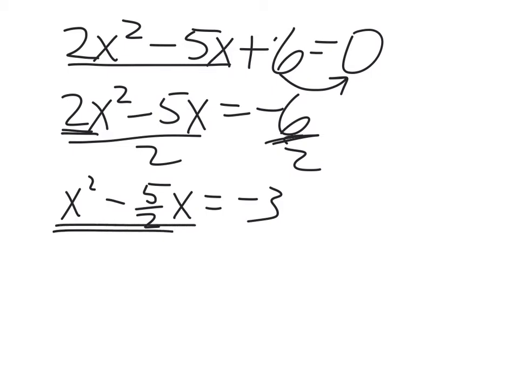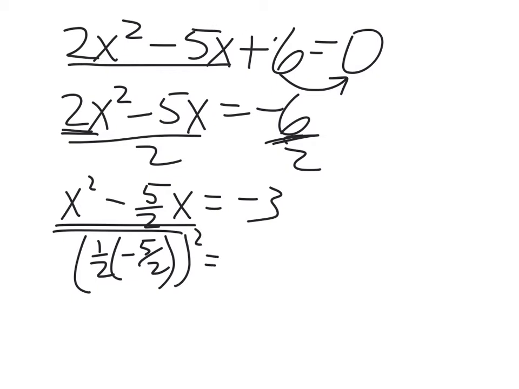So we go through completing the square. This case is a little harder to see, but we take 1/2 of the coefficient of x, and then we're going to square that quantity.